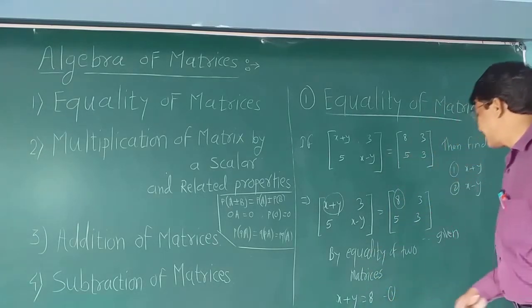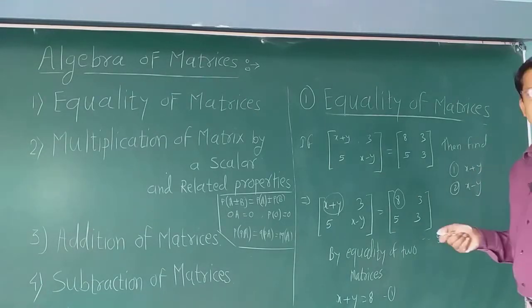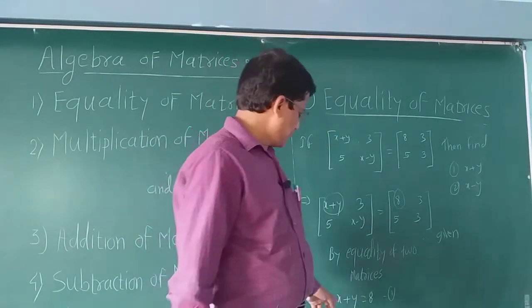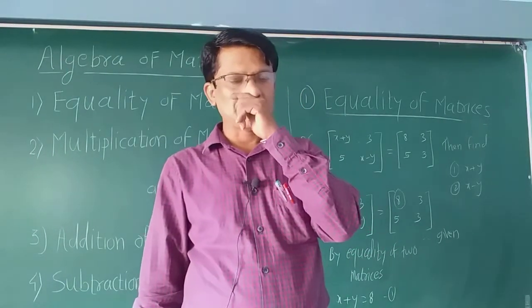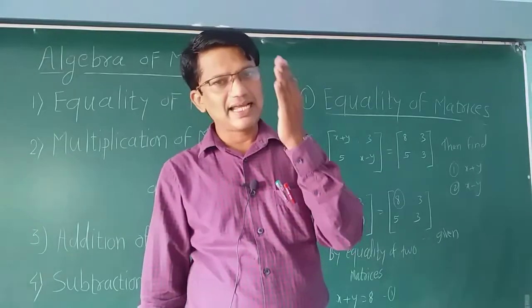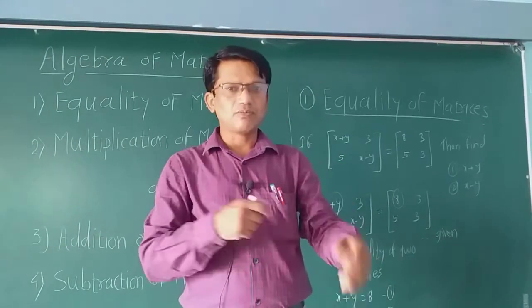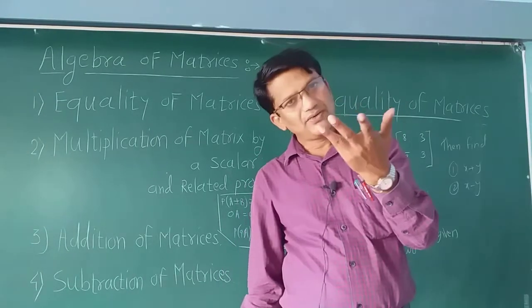And hence these are the answers for the values of x plus y and x minus y. These two equations are linear equations. In 9th or 10th standard, we have discussed the topic of linear equations in two variables.